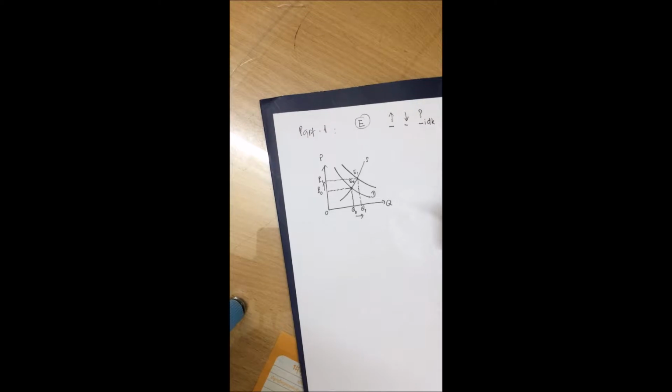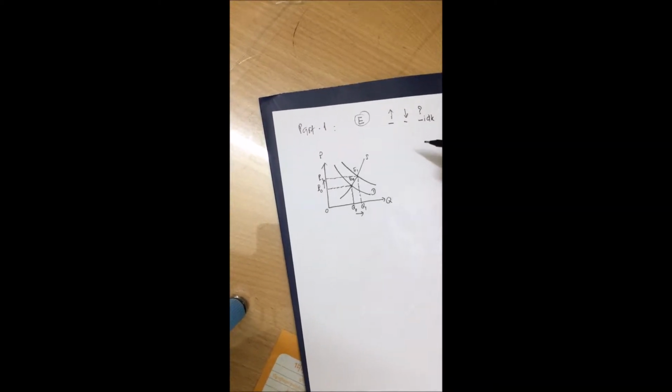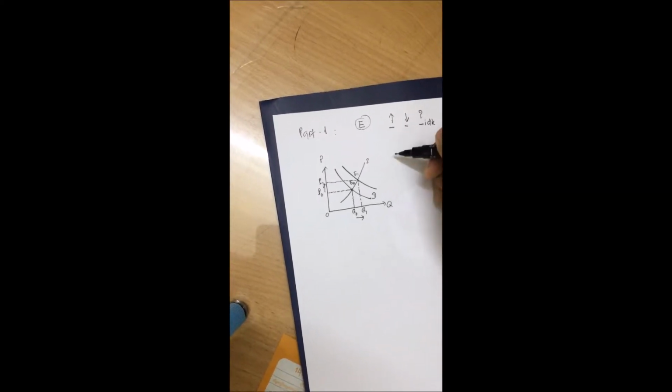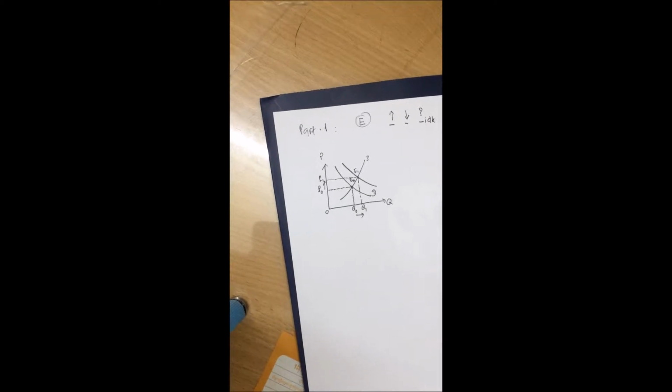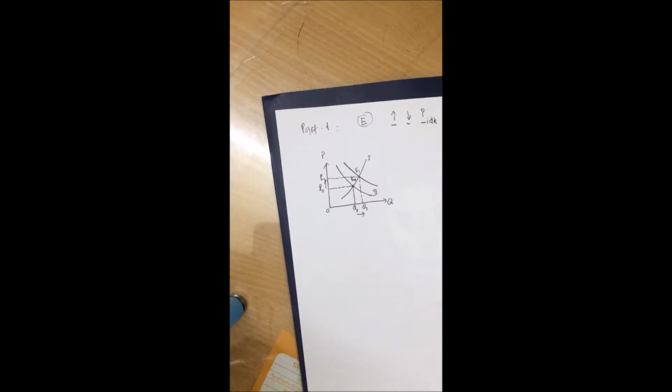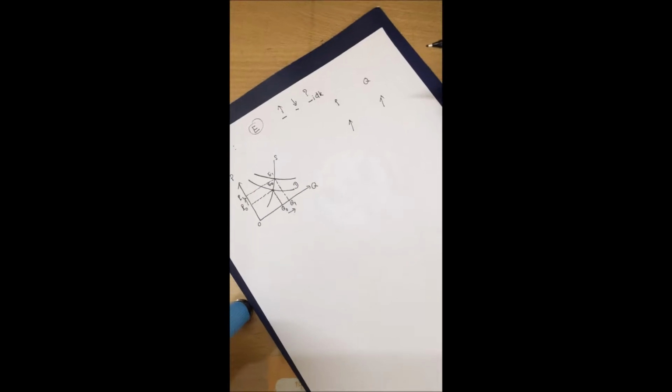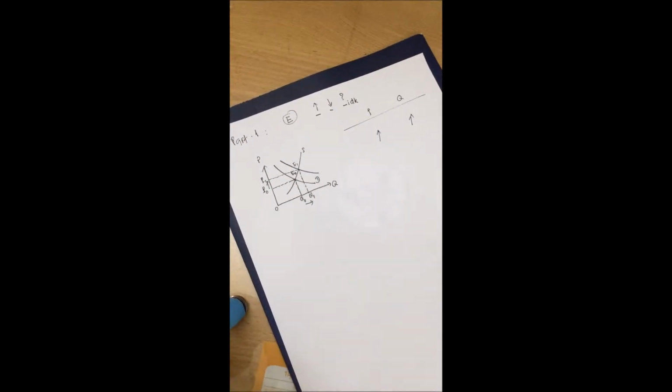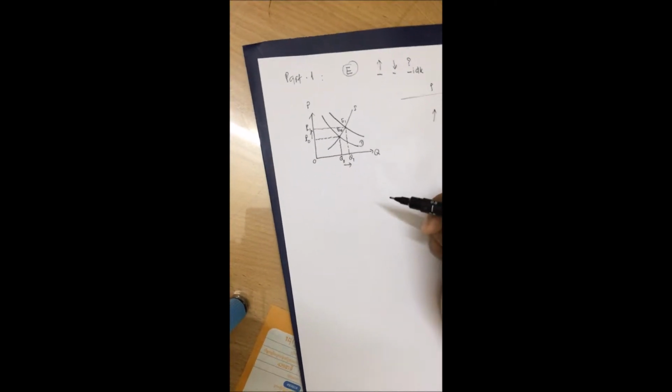So the answer is increase: P here, Q here. The first one is going up and going up, like that. Okay, so that is the first part.